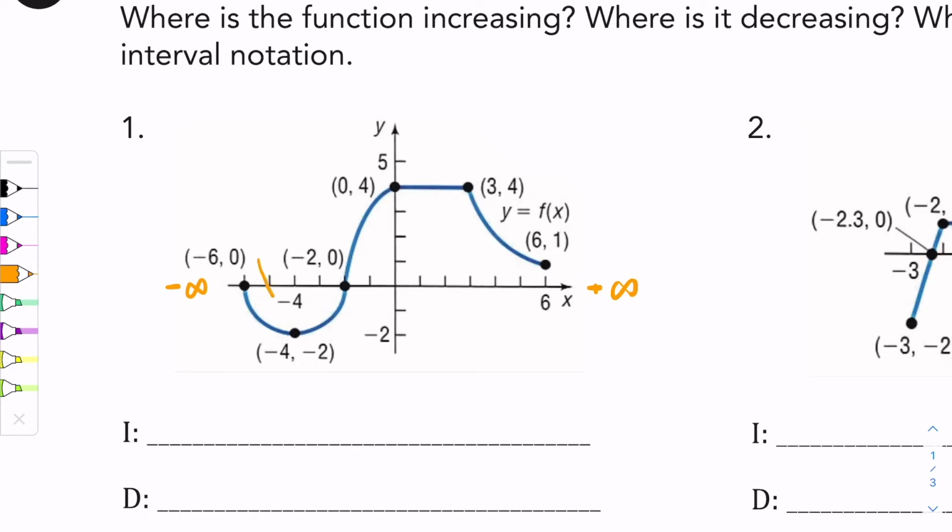We're going to head down until this point. Then we start to head back up until this point. We have a constant interval where we would be walking on flat ground until there. And then we start to head back down until this point.